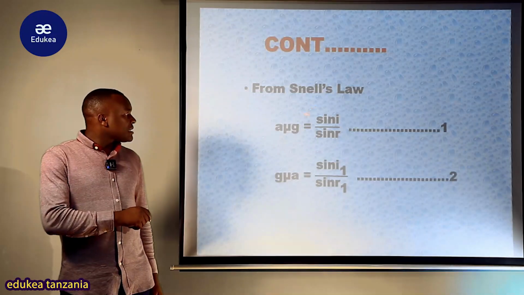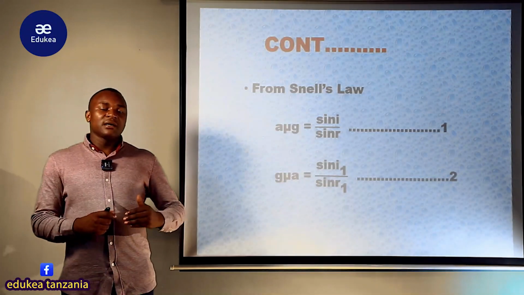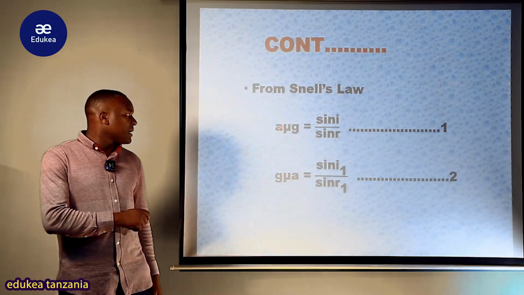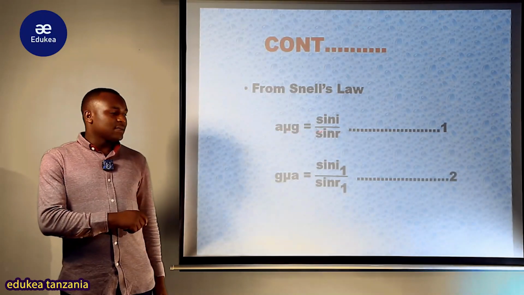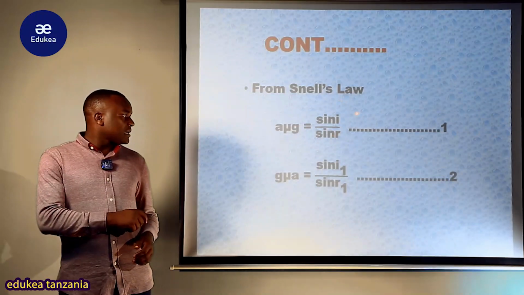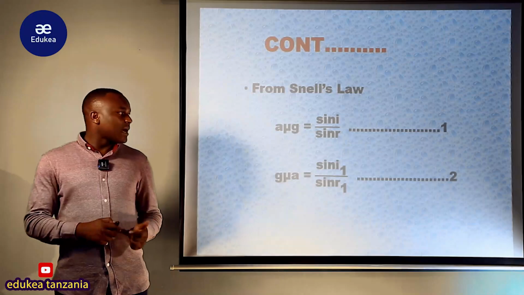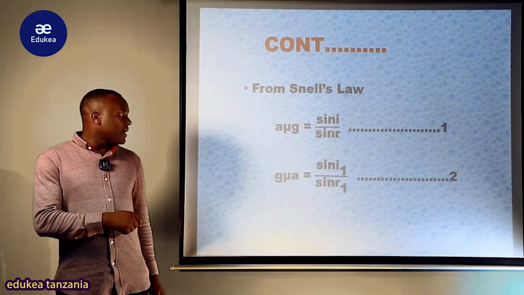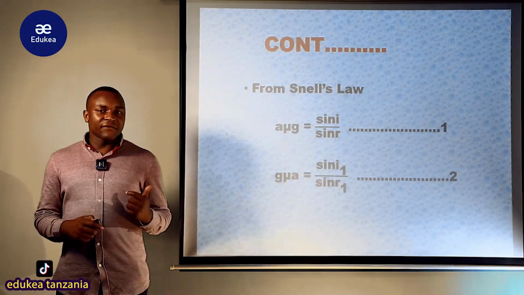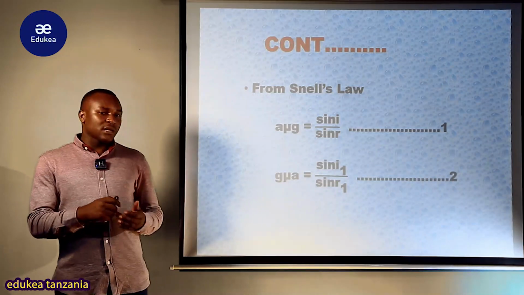So from Snell's law tunasema kwamba nikiwa natafuta refractive index from air to glass, ambao tulisema ni absolute refractive index, ni sawa sana na sine wa angle of incidence akagawanya kwa sine wa angle of refraction. Hii ni ite equation ya kwanza, but hapa tumeziona ziko mbili.